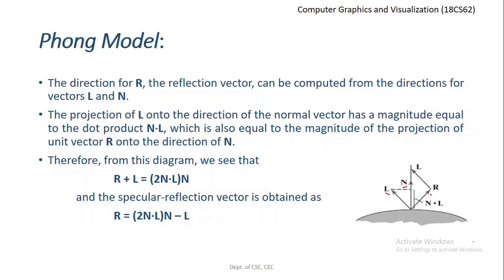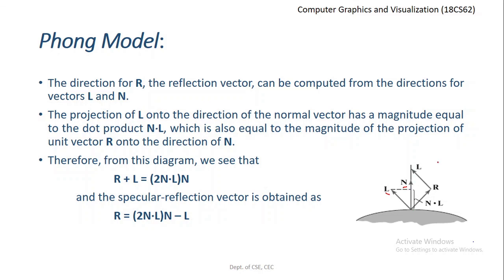We can compute the direction of vector R if we know the directions of vector L and vector N. The projection of vector L onto the direction of the surface normal vector has a magnitude that is equal to the dot product of N dot L, which is equal to the magnitude of the projection of the unit vector R onto the direction of N.